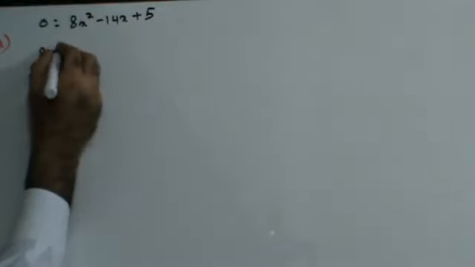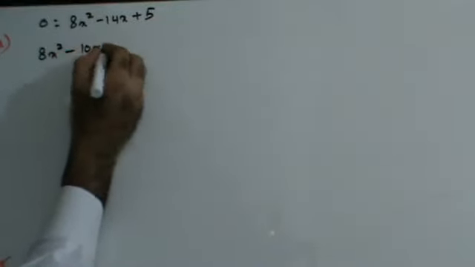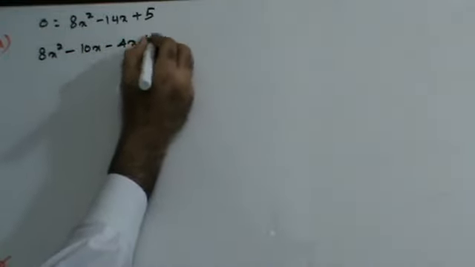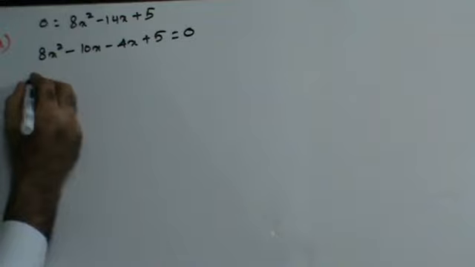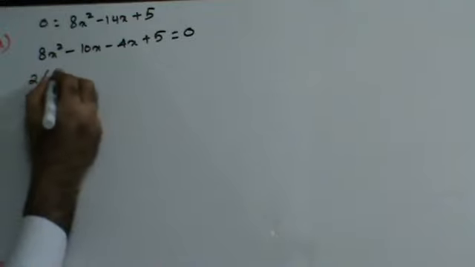Now this is a quadratic equation. 8 5s are 40, 10 4s are 40. So we will get 8x square minus 10x minus 4x plus 5 is 0. I could take 2x common.